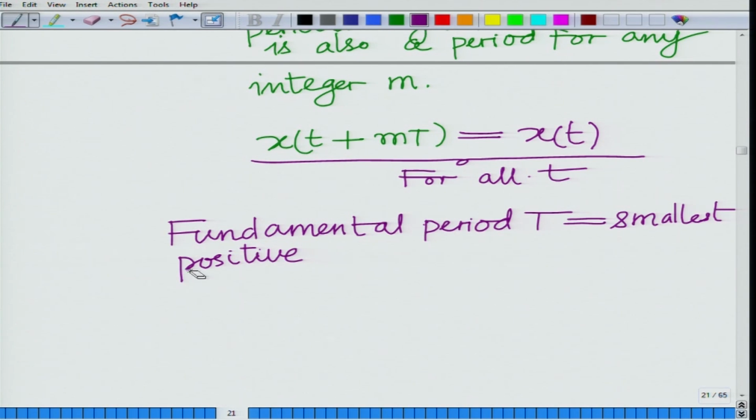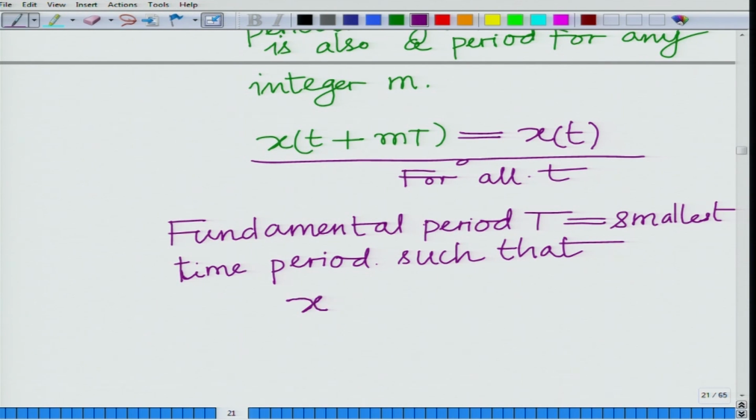It is the smallest time period such that x of t plus T equals x of t holds for all t.